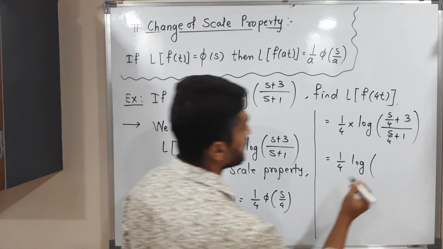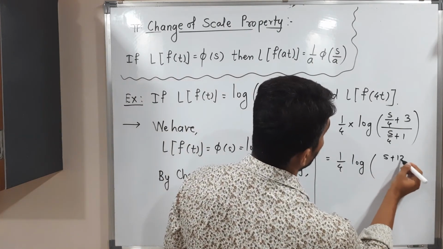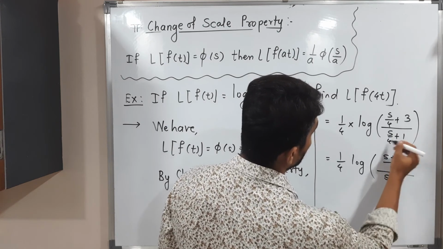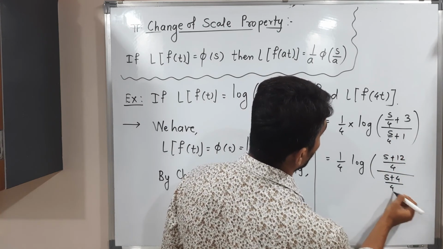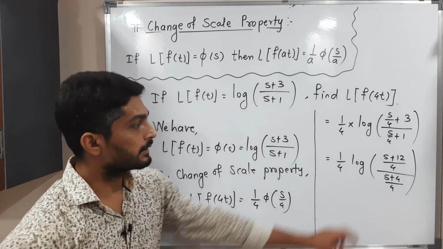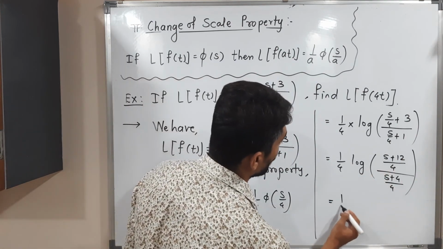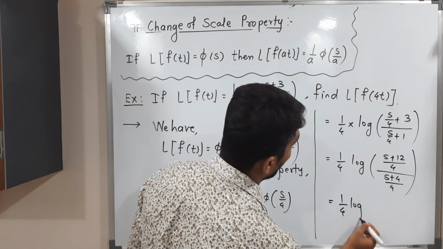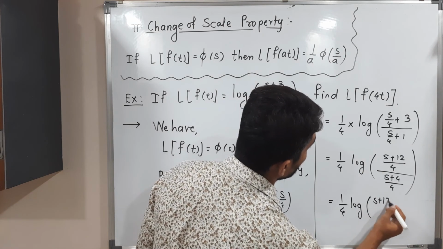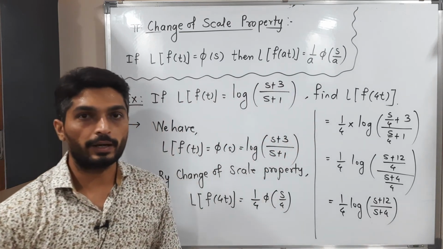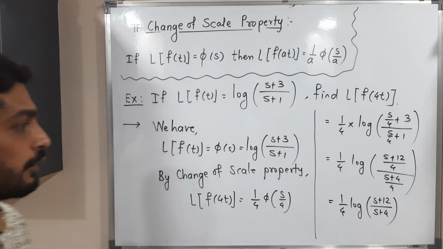So what will you get? s plus 12 by 4, and s plus 4 by 4. This 4 and 4 will get cancelled, and we will have 1 by 4 log of s plus 12 divided by s plus 4. So this is the required answer. In this way we got the final answer.